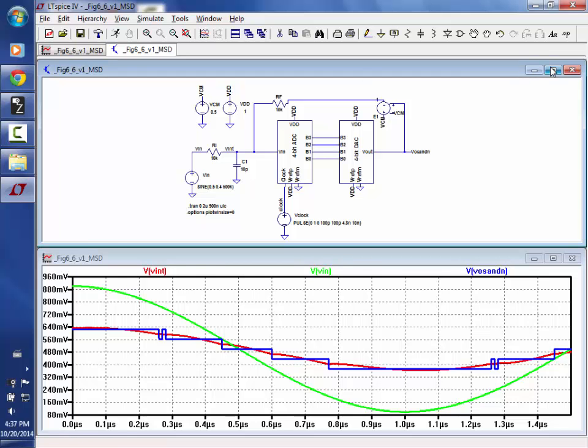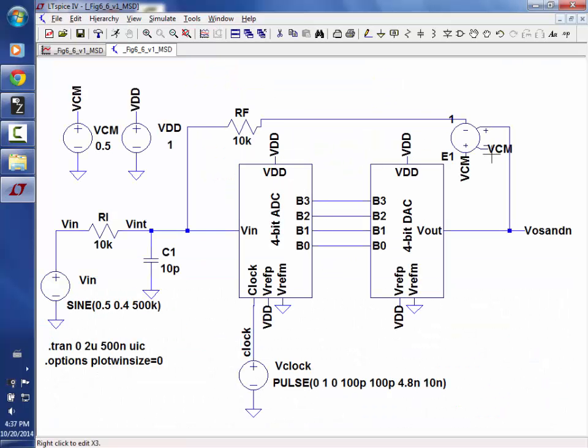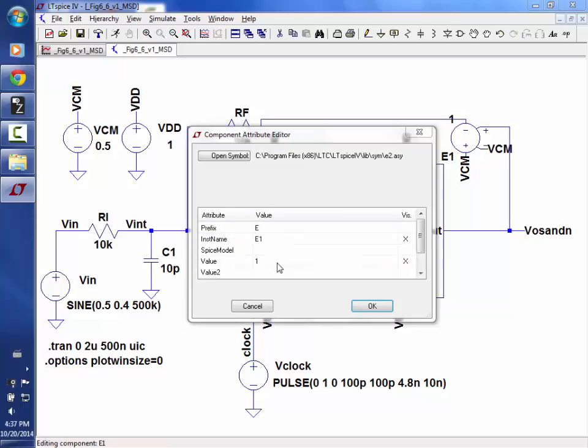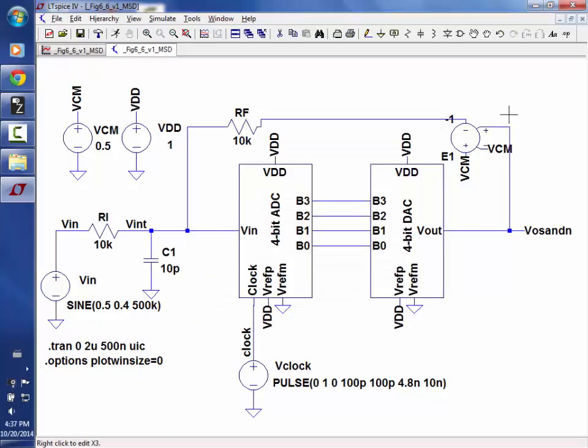Oh, shoot. I can't put the V int here because then it subtracts VCM instead of adding it. I've got to fix it. Does everybody see the issue? So before I was adding the common mode because I thought the plus and minus were flipped around. So now I've got to flip it around.